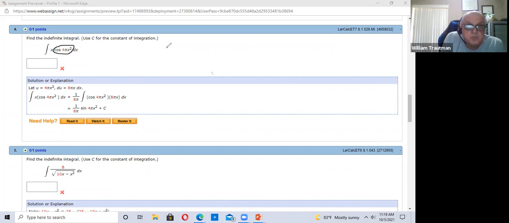So if I go u equals the stuff inside of the cosine, then the derivative of u, bring the 2 in front, is 8 pi x. Here's my integration, x cosine of pi x squared.